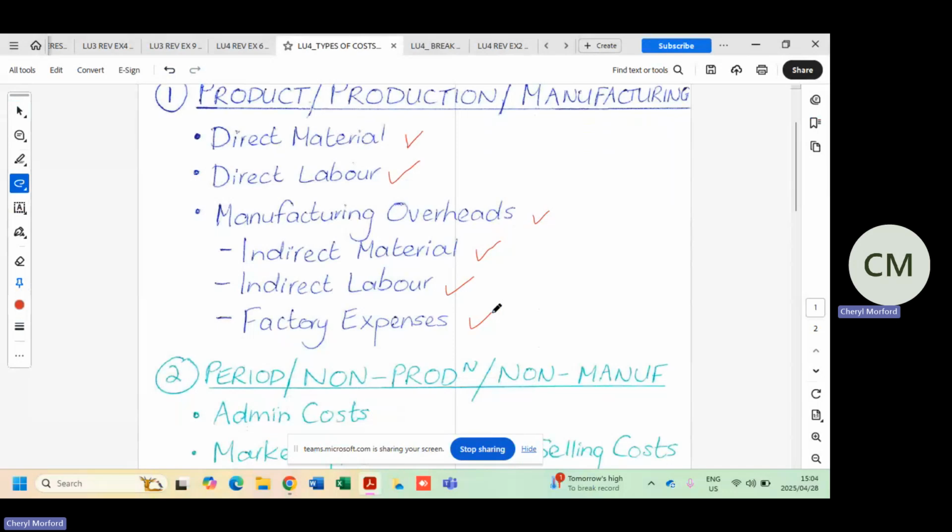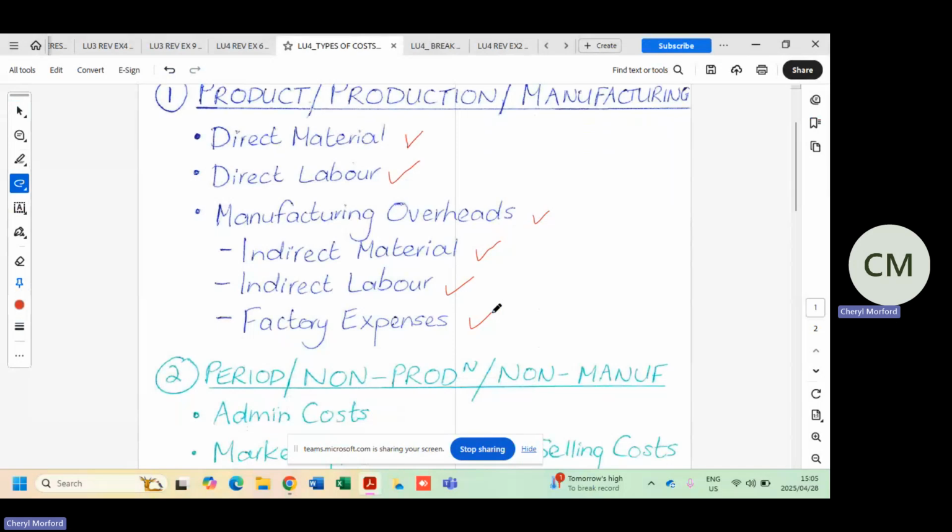Right. Then the third category are any other expenses that relate directly to the factory. So here we can have some things like rent, electricity, water, insurance, maintenance, those sorts of things, where some of it possibly is paid because of the office and the rest is factory. So sometimes we are going to have to take a certain cost like rent and split it or apportion it between the factory and the office.